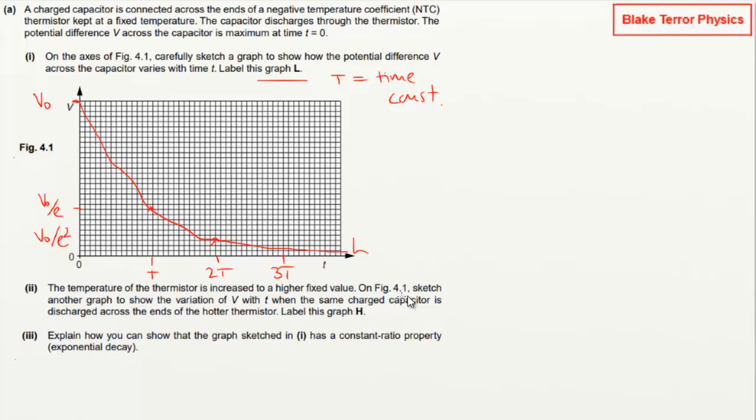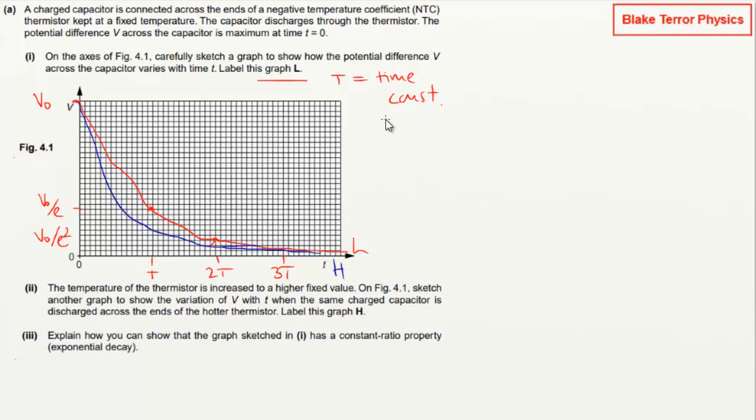If we've got a higher temperature, lower resistance, smaller time constant, quicker discharge, so we're going to have the same sort of shape, but it's going to come down steeper. So it's going to be below the red line all the way along. It's really hard to draw on this screen, but that's our H.